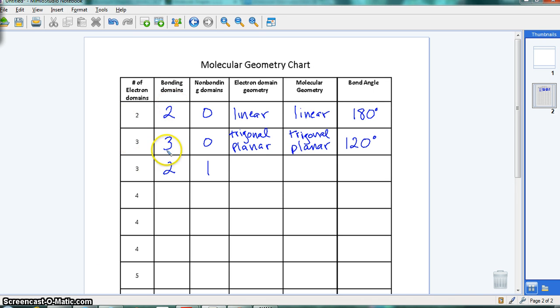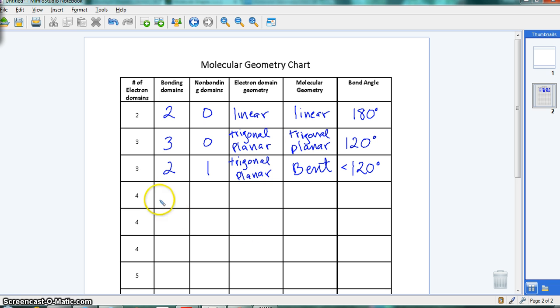So if we have 2 bonds, 1 lone pair, it's still a trigonal planar electron domain geometry because it's still 3 groups of electrons. But now it is a bent structure, and our bond angle is slightly less than 120 degrees.